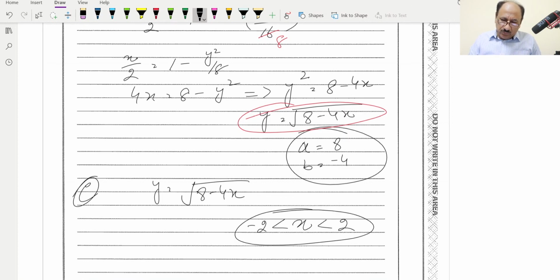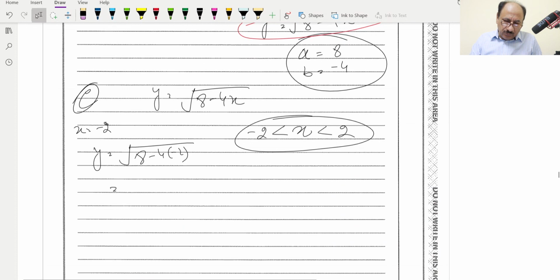If we replace x is equal to -2, we will get y is equal to the square root of 8 minus 4 into -2. So this will be equal to 8 plus 8 under root, which is equal to root 16, which is 4.